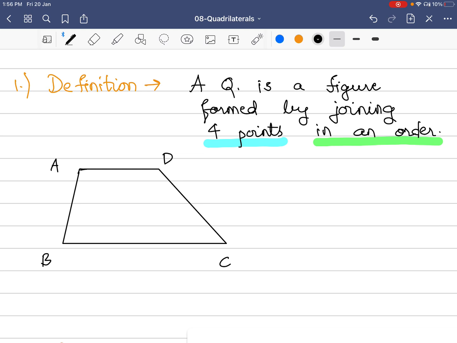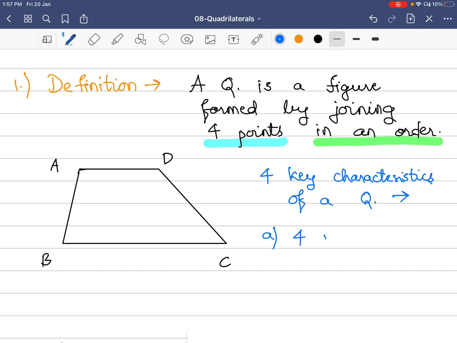Now, what does a quadrilateral consist of? There are 4 key characteristics of a quadrilateral. So let's start mentioning them. I'm going to write here 4 key characteristics of a quadrilateral. They are quite straightforward.